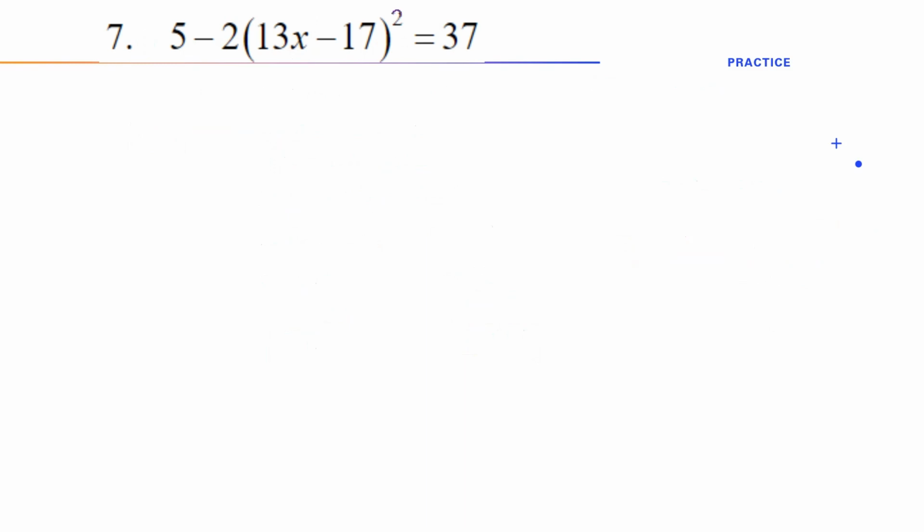We noted that we have a degree of 2, so we might have a quadratic equation form. Here we see that we have some like terms. This is a number and a number, so we can combine like terms. Let's do that first. Subtract 5 from both sides.